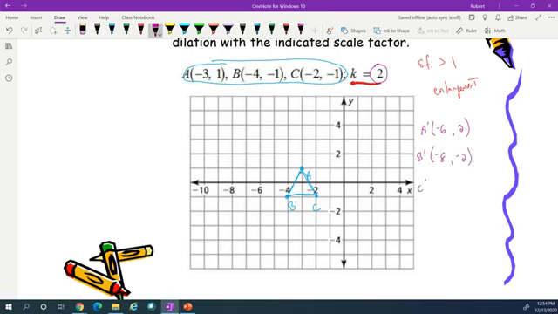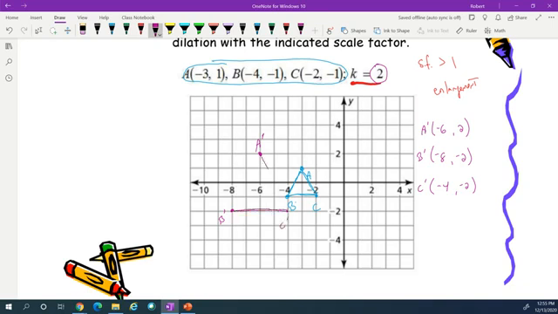And C prime, we get -4, -2. So let's look at our new triangle. A prime is at -6, 2. B prime is at -8, -2. And C prime is at -4, -2.